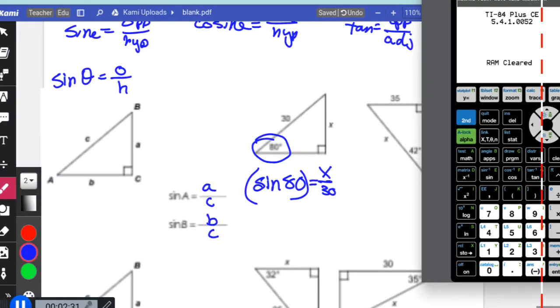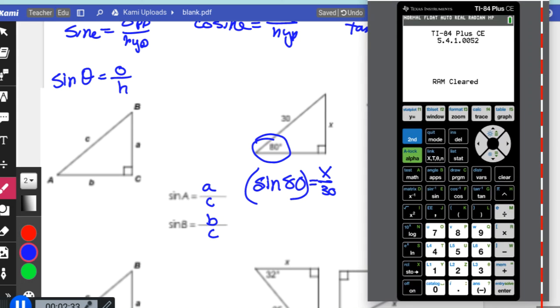Here's our TI so you can see it. Sine of 80 is that decimal, negative 0.99388. It's a number, so you can't separate the sine and the 80. You cannot divide both by 80 at this point. We need to get x by itself, just like we always do.